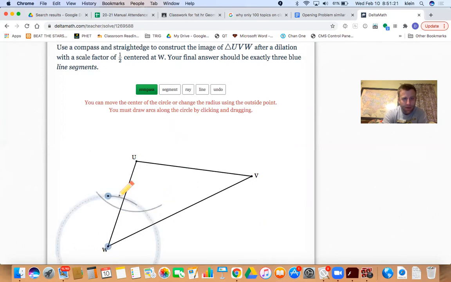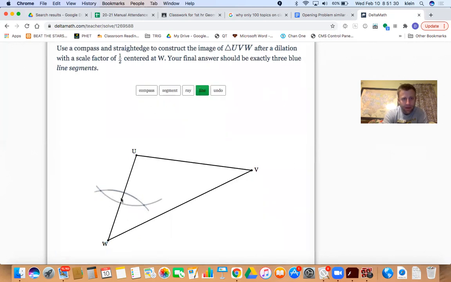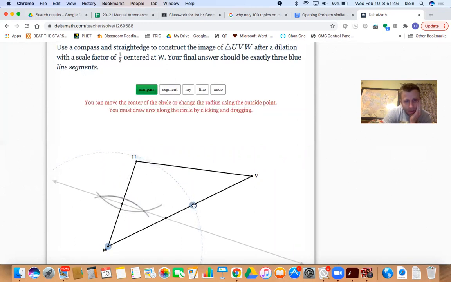Draw a line that goes through from here to there. And then do the same thing. I need to find the midpoint over there too. Do a compass, make an arc, make that a little smaller, do an arc.